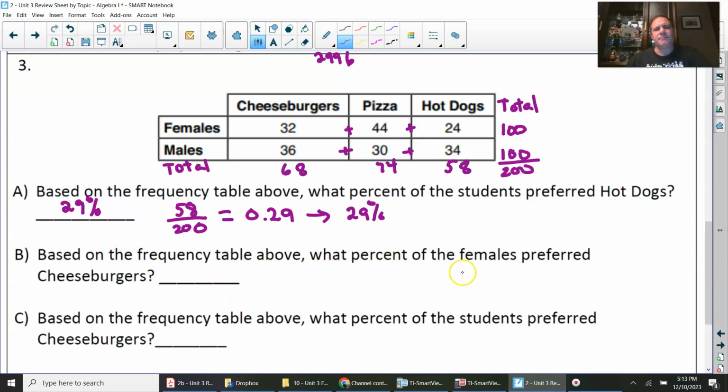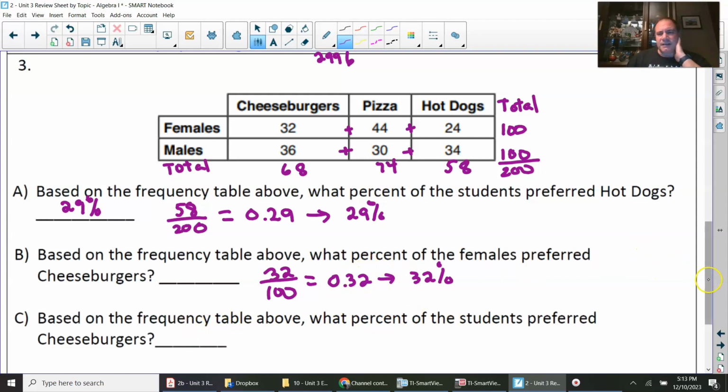Based on the frequency table, what percentage of females preferred cheeseburgers? So just the females, 100 females. Out of the females, how many people preferred cheeseburgers? You put that into the calculator, you get 0.32, and 32%.